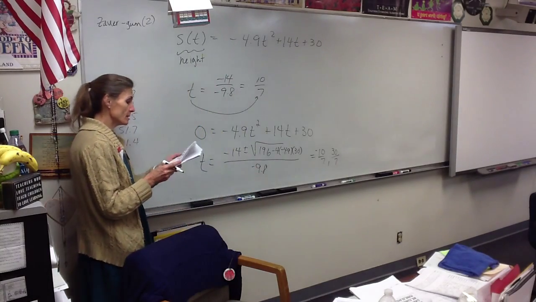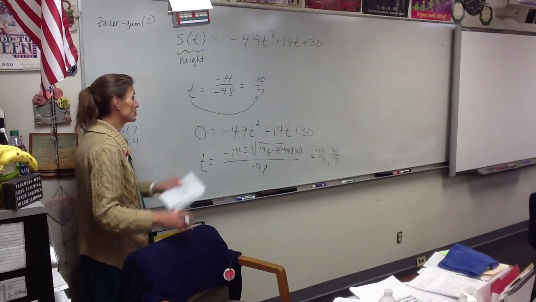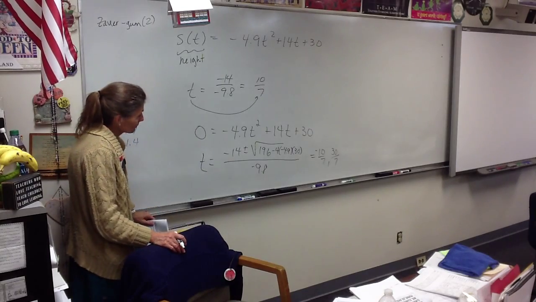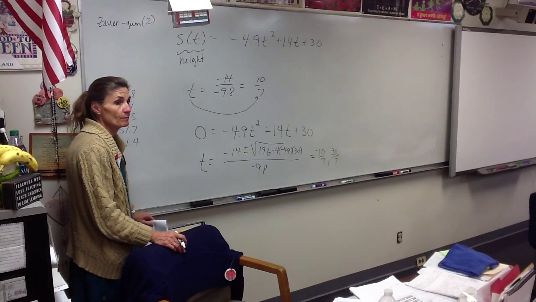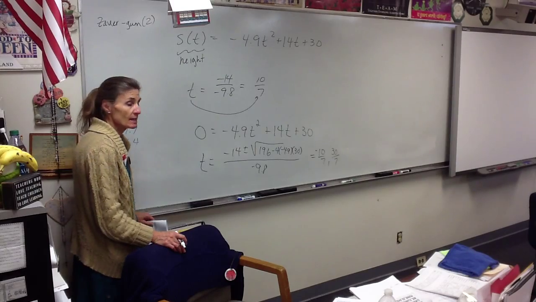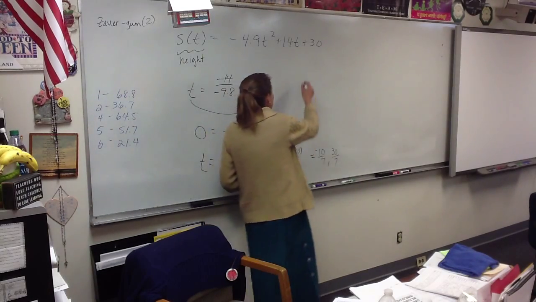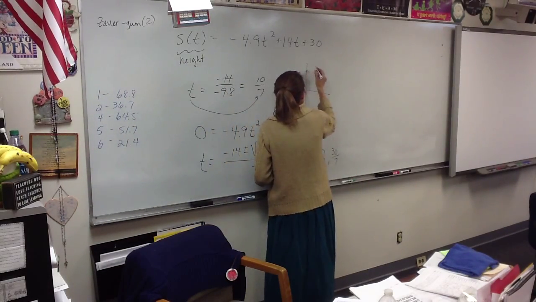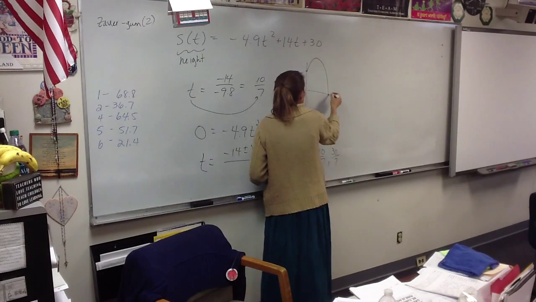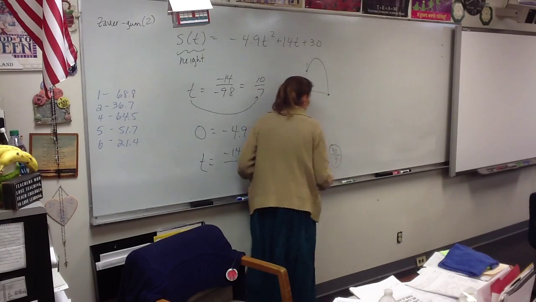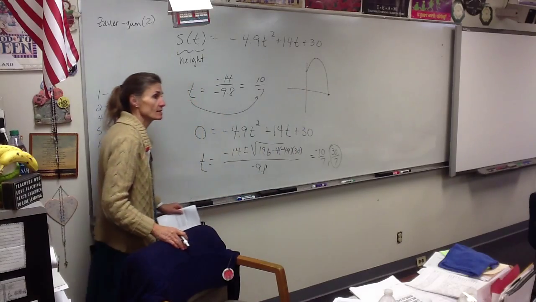So the question is, when will the stone hit the ground? How are we going to answer that? 37 seconds. This thing started at the top of a roof or something, so there's only one place it hits the ground, and that's at 37.